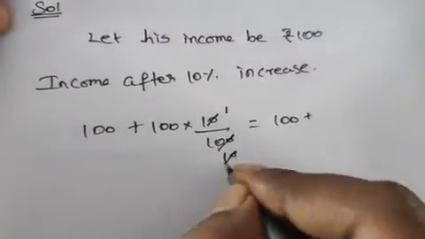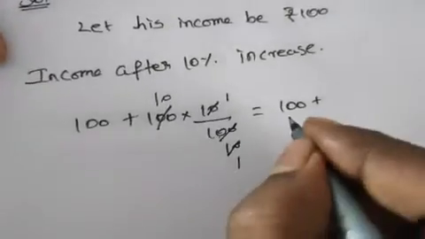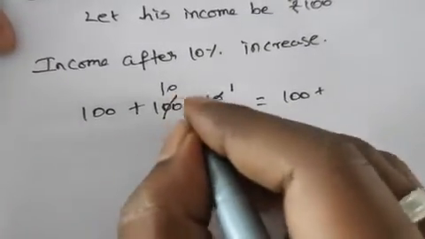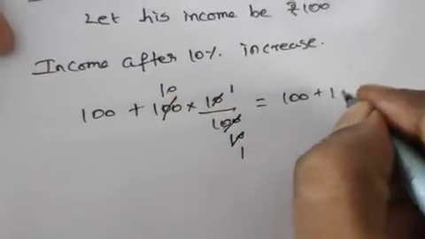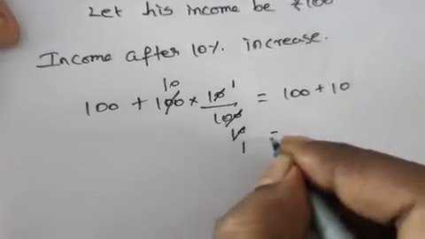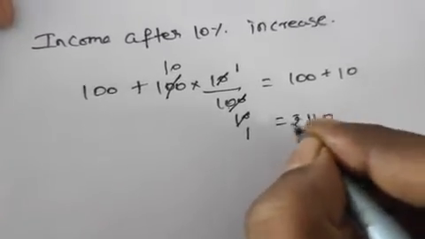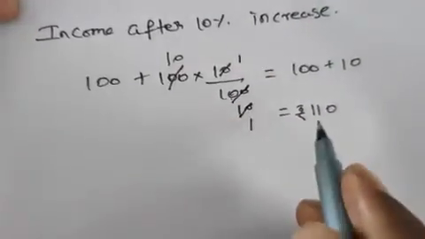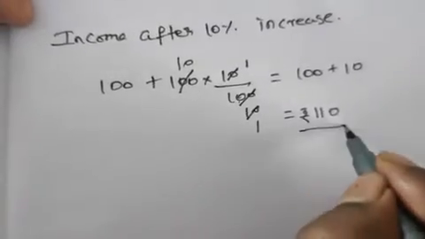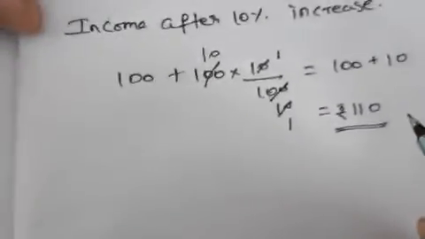That is equal to 100 plus 10, 10 into 1, 10 by nothing. Therefore 100 plus 10 is 110 rupees. Therefore the income after 10% increase is 110.